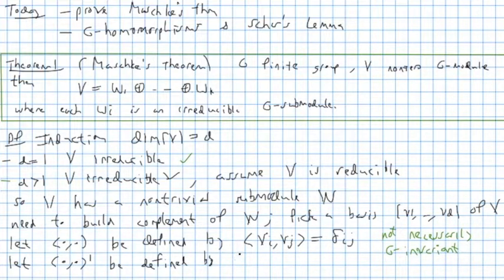I'm going to define the new inner product of vi and vj to be the sum over all the elements g in the group of g applied to both vi and vj, but where I'm adding over the first inner product. Maybe I should put some colors here. I'm reusing this inner product in this sum, so I should call this one red.